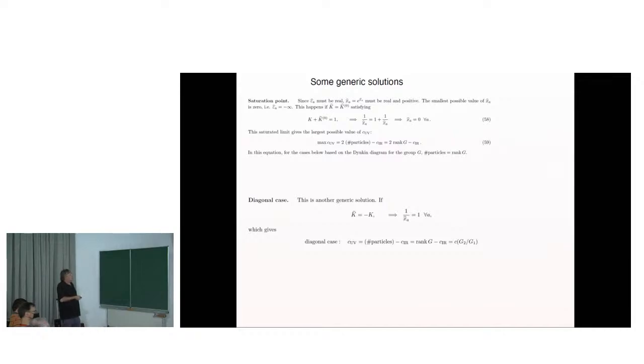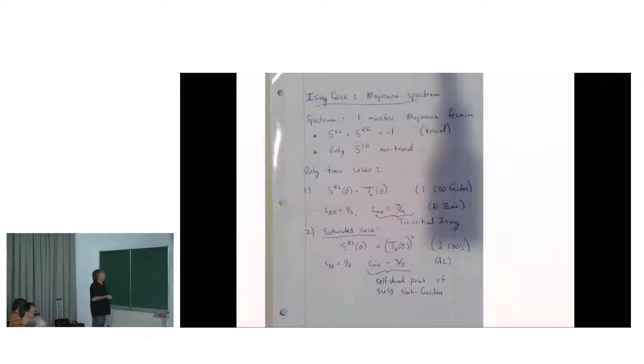And you still have a well-defined UV central charge. This case is just the number of particles minus the infrared central charge, which turns out to be the central charge of this coset. I'll explain this notation later. Well, G_K is the Wess-Zumino-Witten model at level K. Okay. But I'm getting a little ahead there.